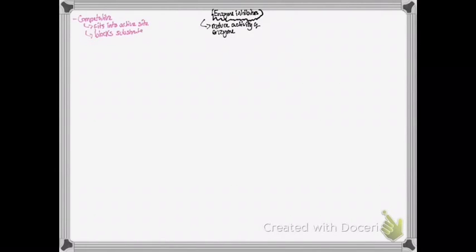Obviously this is an issue. If you have something blocking the active site, you can't form ES complexes, you can't form the enzyme product complexes, and you can't form the product in general. So it's a big issue for enzymes, but one way it can be overcome is by increasing the concentration of substrates. So I represent it here in a diagram.